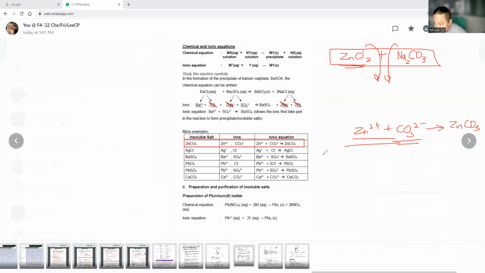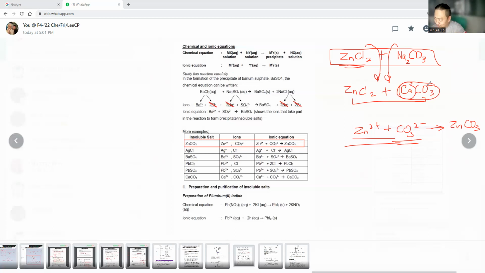Do you understand what I am saying? Now it is not fair for you. You cannot say, teacher, I use ZnCl2 plus, let's say, CaCO3. Yes, it will form an insoluble salt, but this one originally is not soluble. When it is originally not soluble, it already has particles, solid inside. You put it in, add water, add something, there are still particles. So how do you know the precipitate comes from?